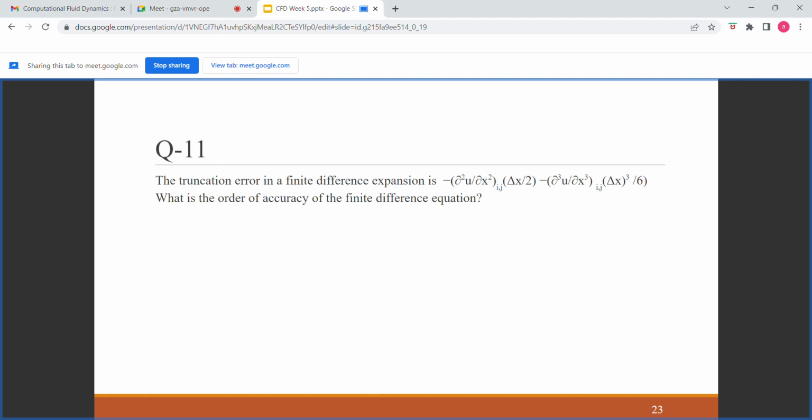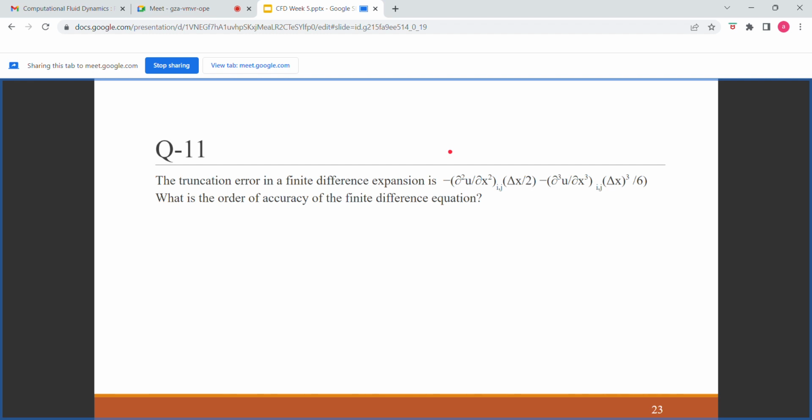If the truncation error of a specific problem approximated using a finite difference scheme is this one, what is the order of accuracy? Anyone can attempt it. So what does truncation error mean?